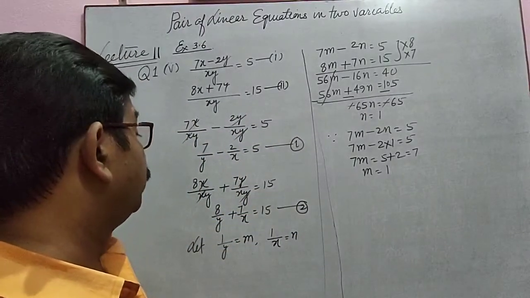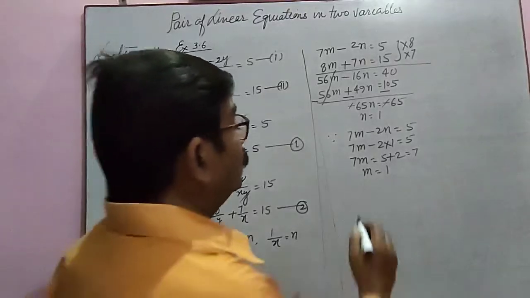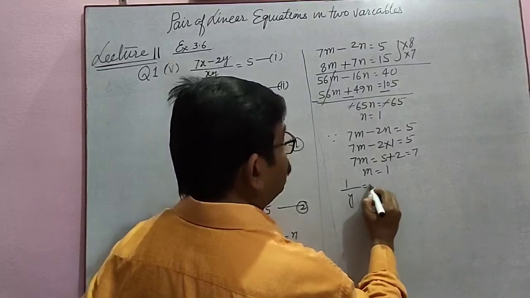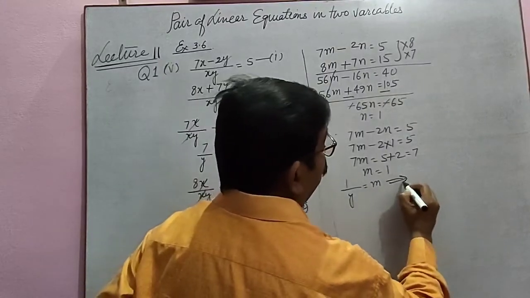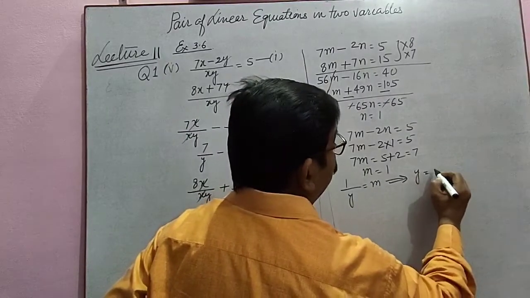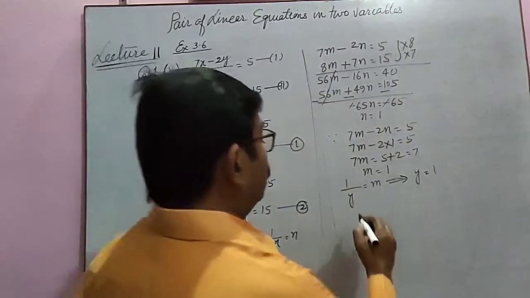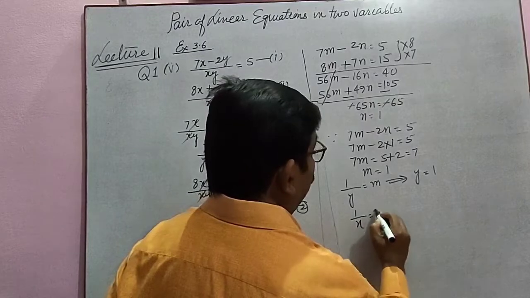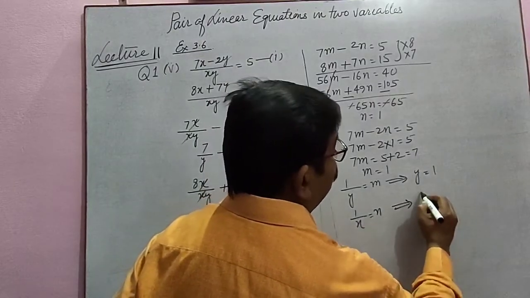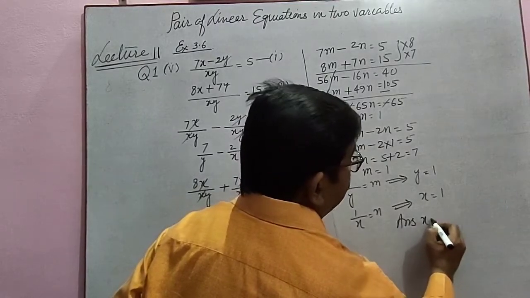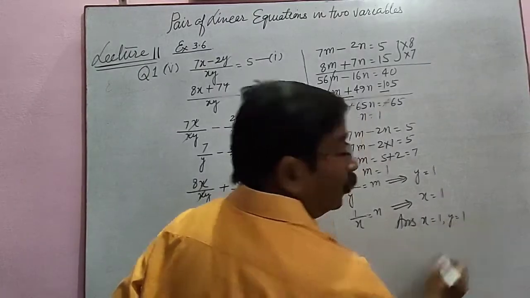So we have to find the values of x and y. 1 upon y is equal to m, and its value is 1, so y is equal to 1. 1 upon x is equal to n and its value is 1, so x is equal to 1.